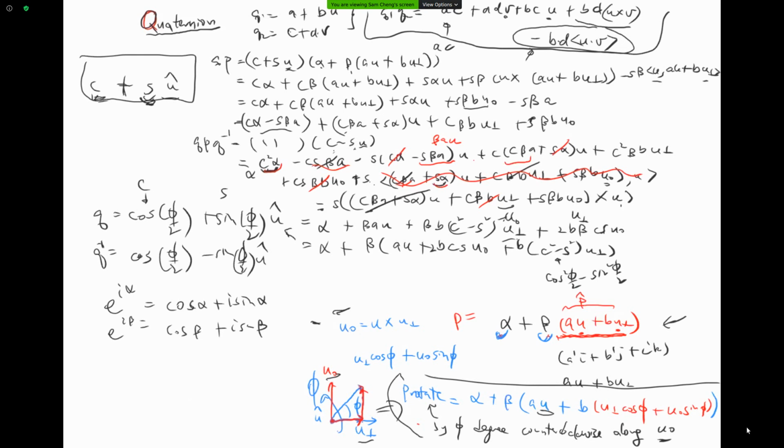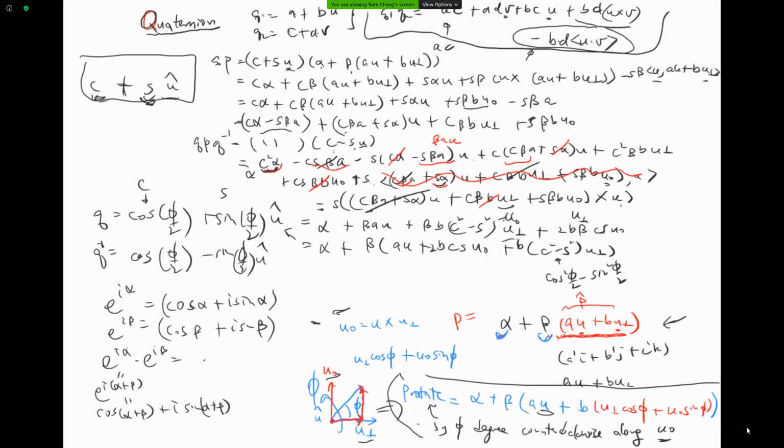So if I have e^(i alpha) times e^(i beta), this is the product of these two, but at the same time this is equal to e^(i(alpha plus beta)), so therefore it's equal to cosine alpha plus beta plus i sine alpha plus beta.